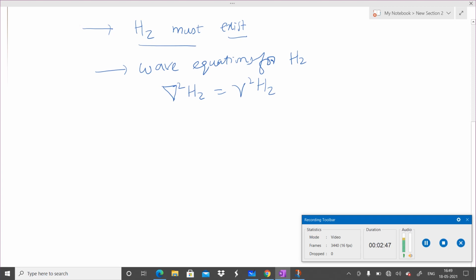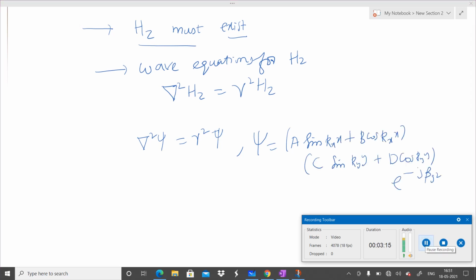If you recall from the previous lecture, we solved a general Laplacian equation for any component, del square psi is equal to gamma square psi. Psi can be anything. This psi was derived to be in this form: a sine kx x.